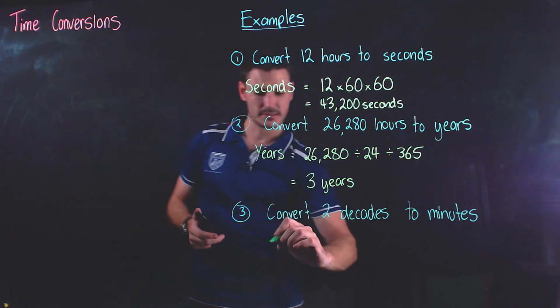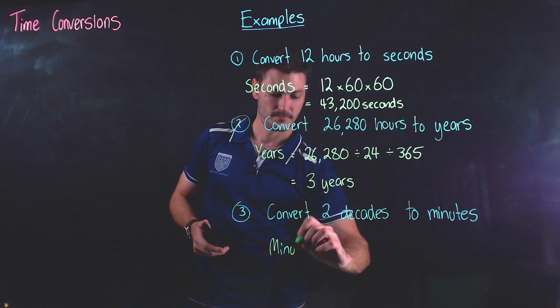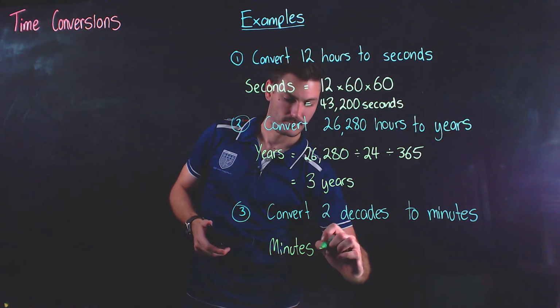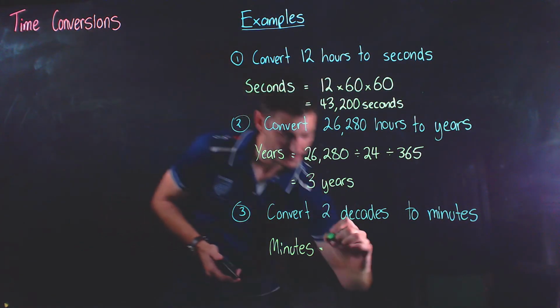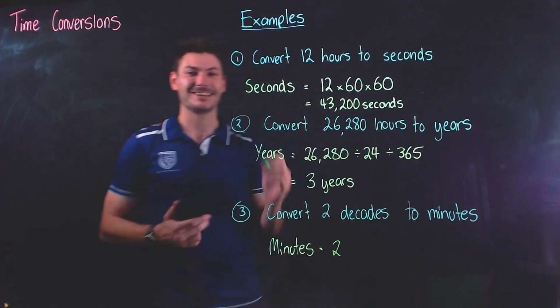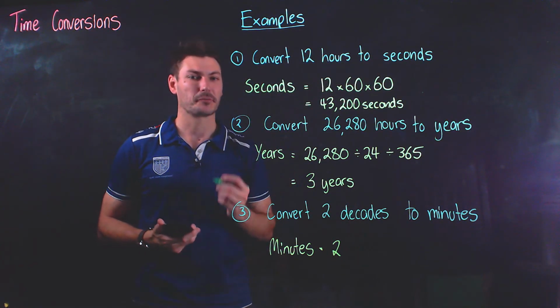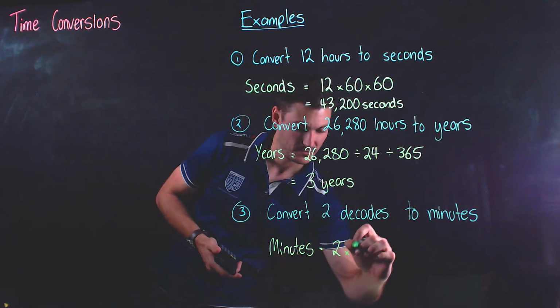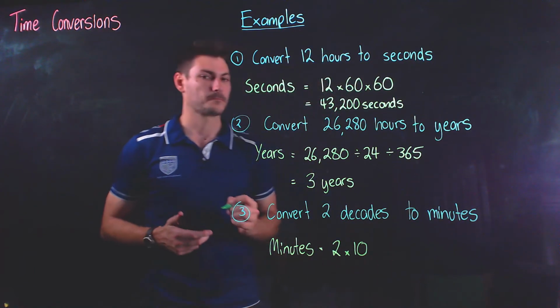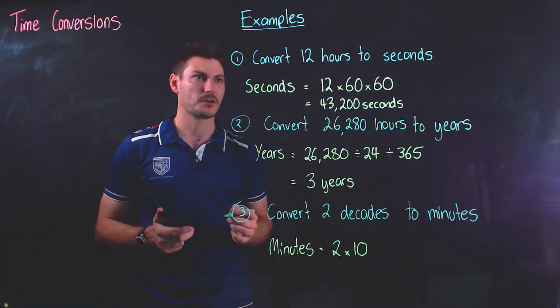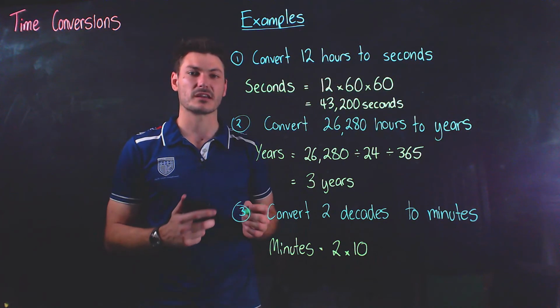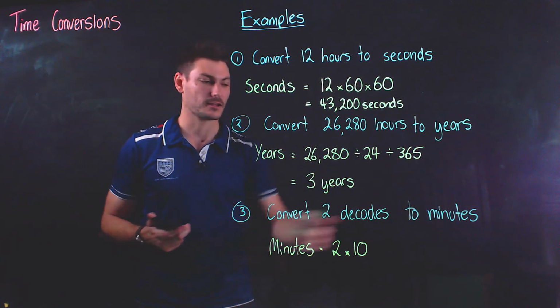So I'm going to start with minutes. Okay, now I start with my 2 decades. And to get it into years, I'm going to be multiplying by 10. So 2 times 10. Now I'm in years. I want to go to days because that's the closest thing that I can easily do the calculation for minutes.